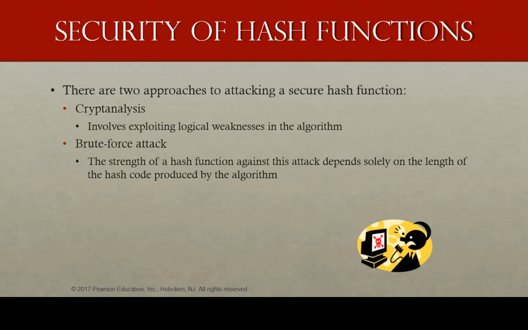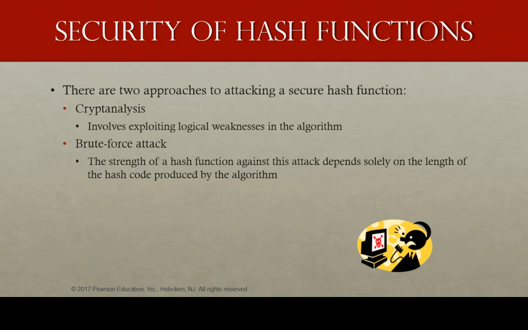Security of hash functions. As with symmetric encryption, there are 2 approaches to attacking a secure hash function: cryptanalysis and brute force attack. As with symmetric encryption algorithms, cryptanalysis of a hash function involves exploiting logical weaknesses in the algorithm.